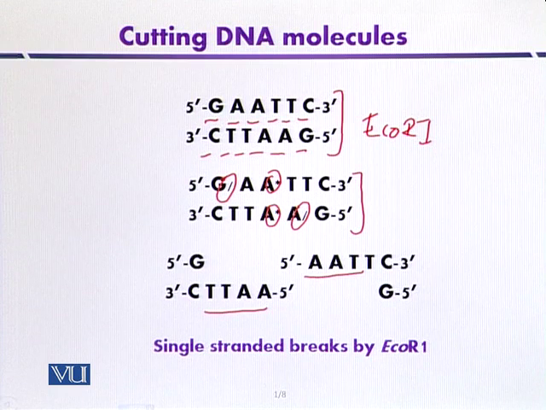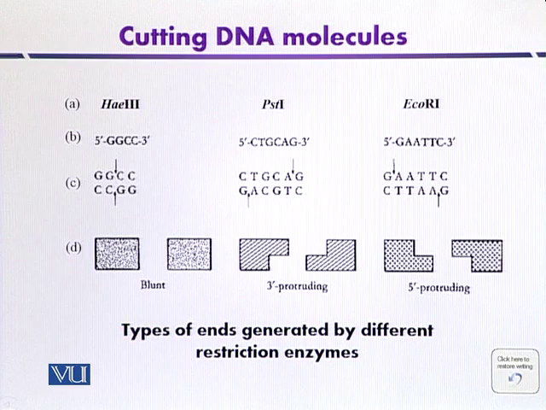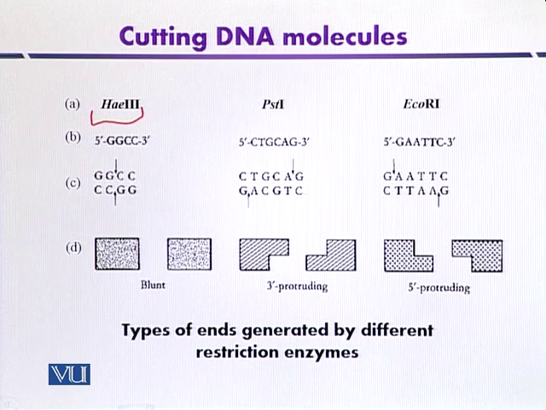So this is the example of EcoR1, how it cuts a particular recognition sequence, and this sequence is composed of 6 base pairs. Then there is another example of a different enzyme that cuts a different recognition sequence. Here it is the example of HaeIII. It recognizes a DNA sequence composed of 4 base pairs.